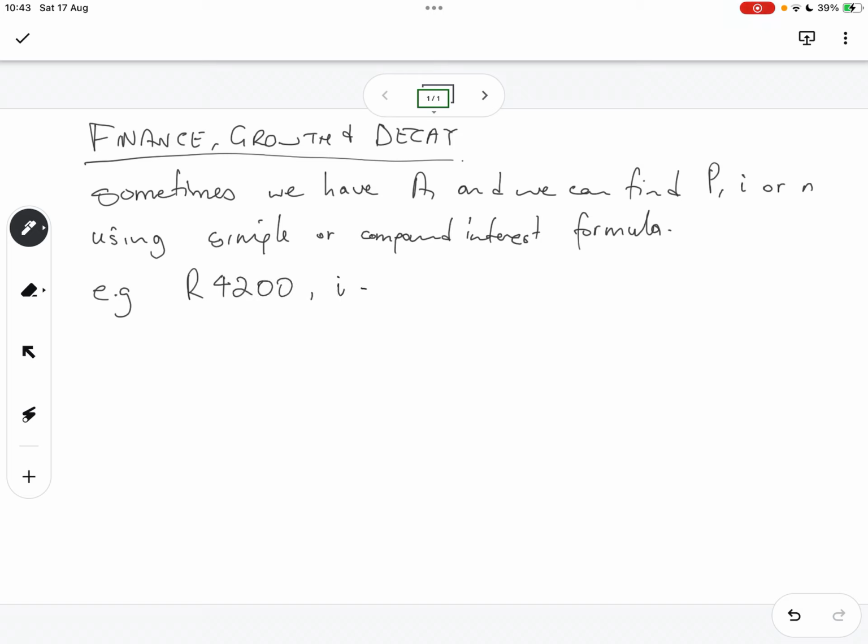So our target is 4,200, your interest is 8%, and you plan this over 5 years. The interest is simple. Which formula are we going to use?